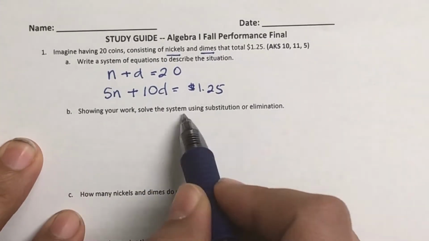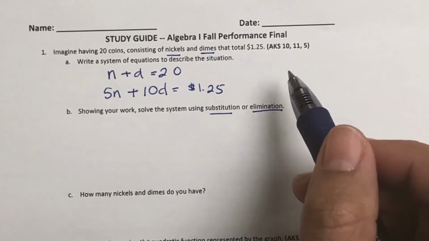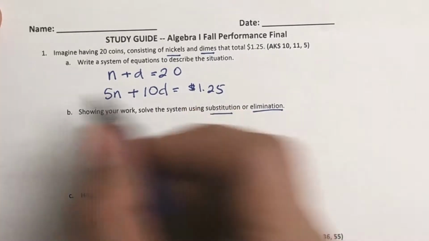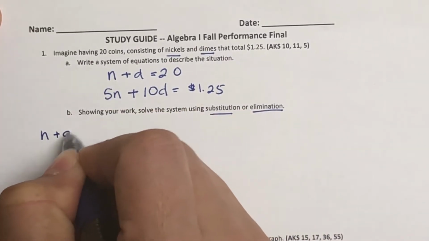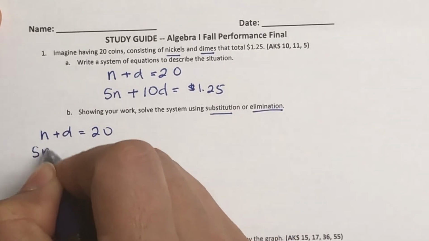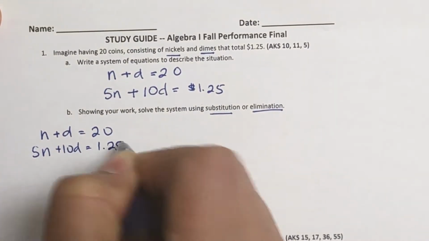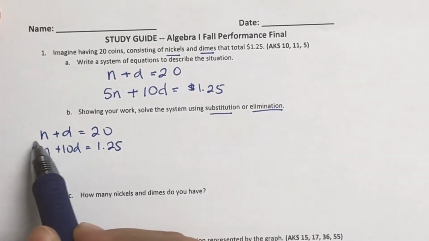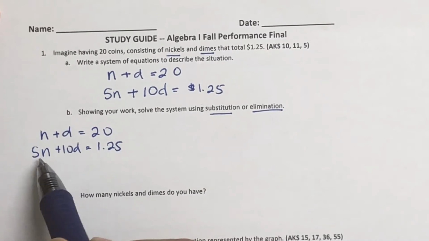Showing your work, solve the system using substitution or elimination. I could do either, but I'm going to do elimination because that's the one I like. So I'm going to write the 2 equations right above each other, matching N with N and D with D. Now, elimination means I have to make one of these, either the N or the D, the same as the second one, but opposite.